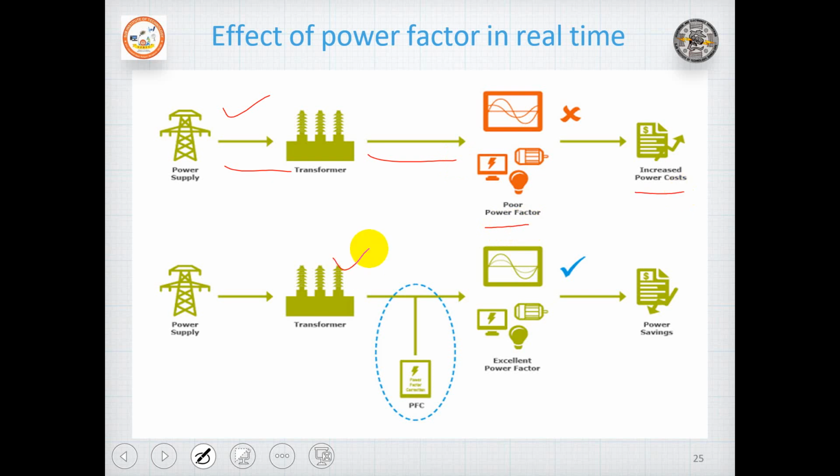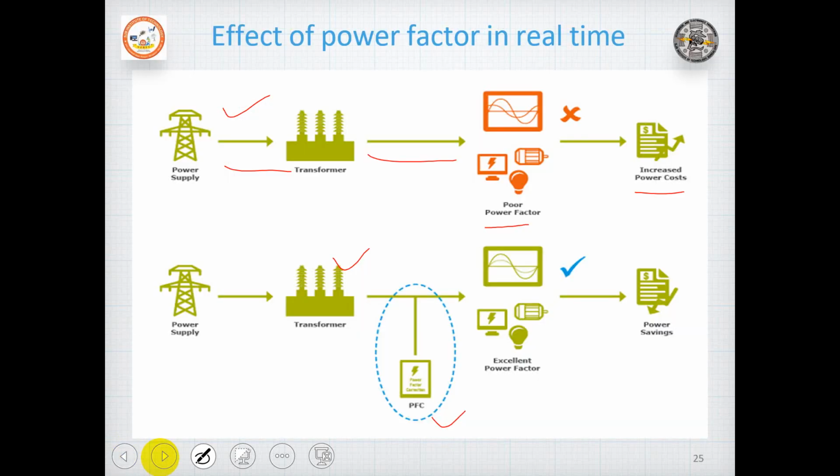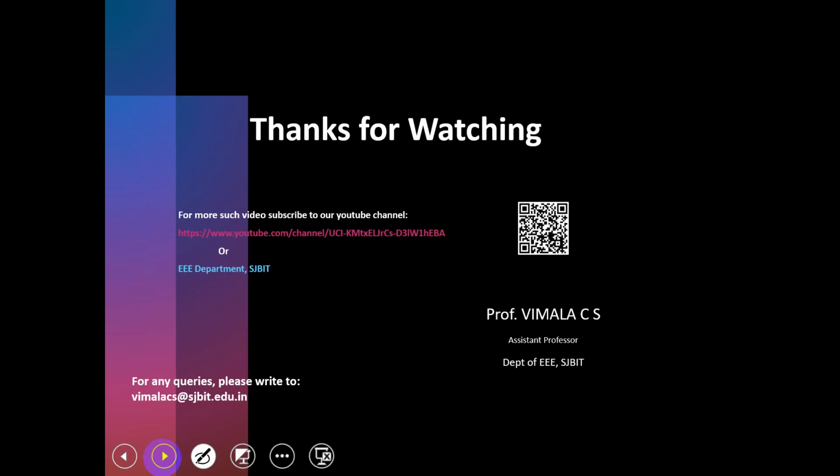When you have a transformer with PFCs, power factor correction, as I discussed in the previous slide, it improves the quality of the power, giving an excellent power factor and a lot of power savings. This is the effect of power factor in real time. We can use VSDs, variable speed drives, also to improve the power factor. And thank you for watching this video.